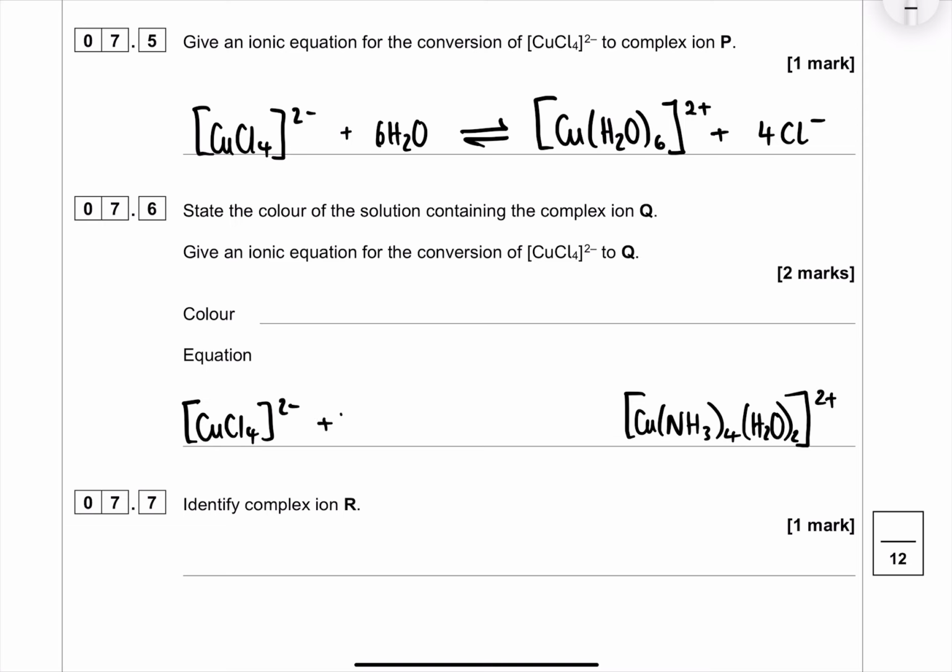So we must have had to add the 4 ammonias, we must have to add the 2 waters, and we can see that what we've got left over is the 4 Cl- ions. And what colour is this complex? This is the complex that's the lovely deep blue colour.